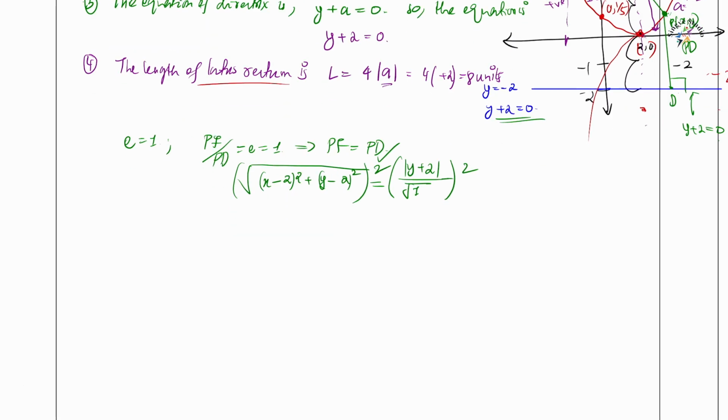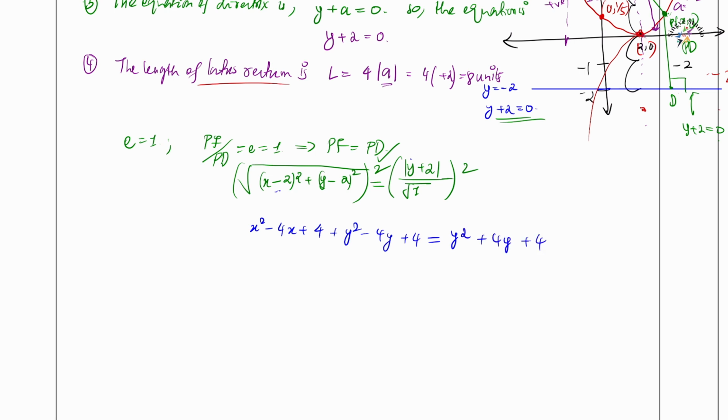So now we can square both sides and get the original equation. When you square this, you get x squared minus 4x plus 4 plus y squared minus 4y plus 4 equals y squared plus 4y plus 4.